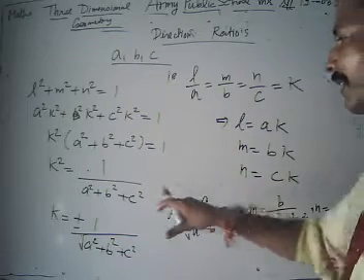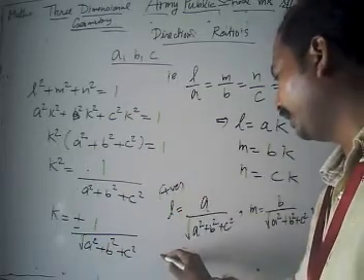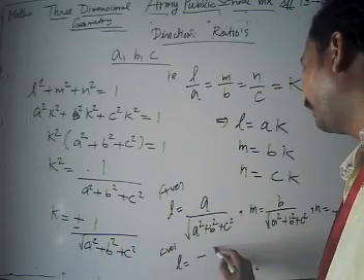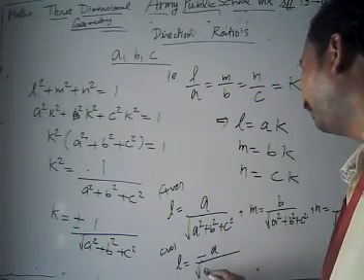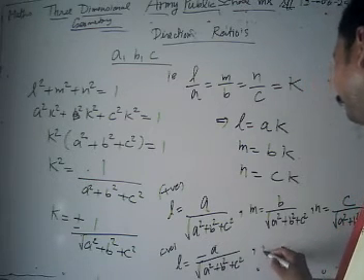That is when we take a positive sign. When we take a negative sign, for k equal to minus 1 upon the root, then what is our l? It's minus a upon the root. What is our m?